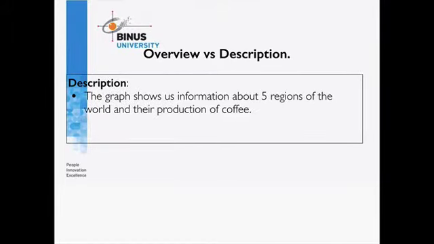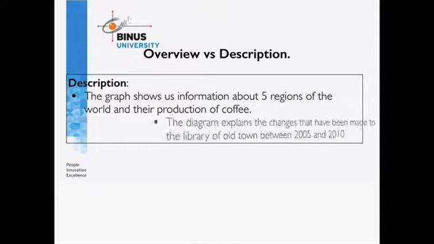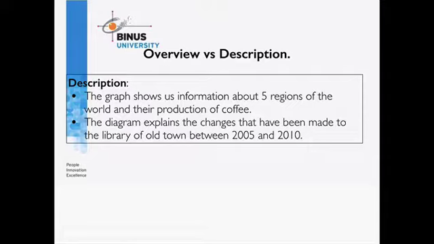The graph shows us information about 5 regions of the world and their production of coffee. The diagram explains the changes that have been made to the Library of Old Town between 2005 and 2010. So that's a description, and you can give a description, but as I say, it is not an overview.